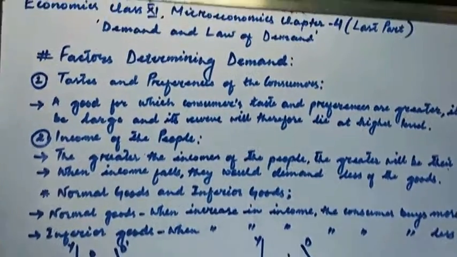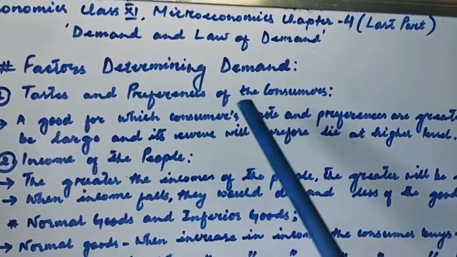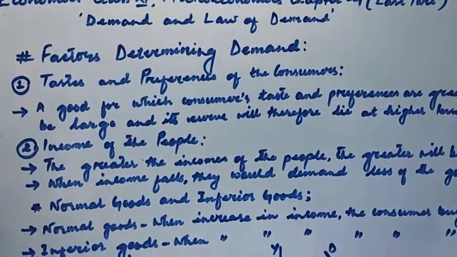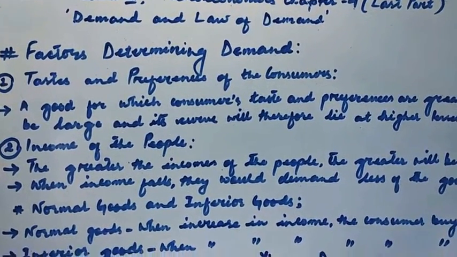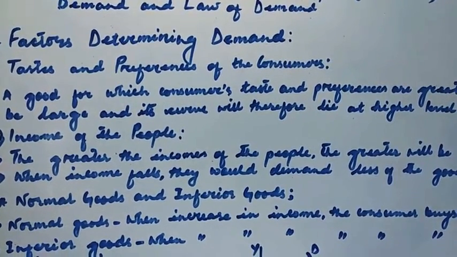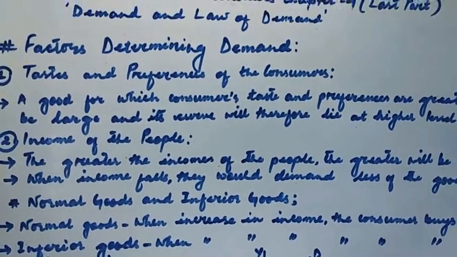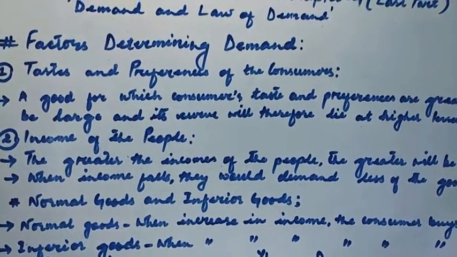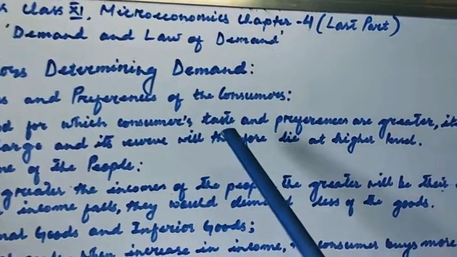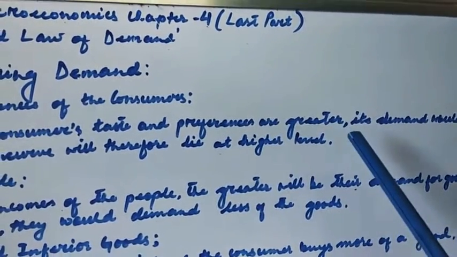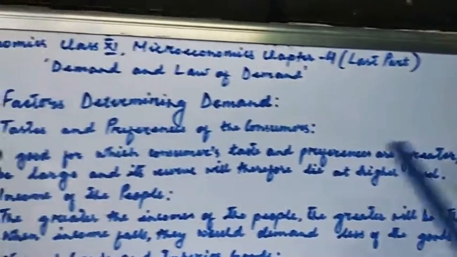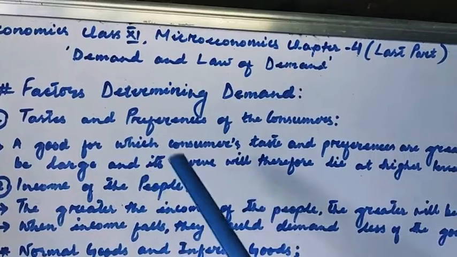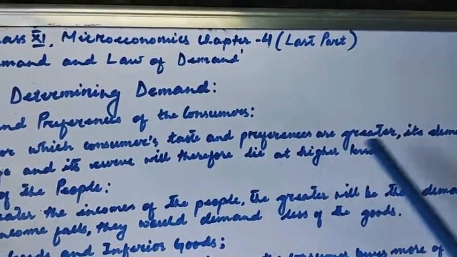Number one, we have the taste and preference of the consumers. An important factor which determines demand for a good is the taste and preference of the consumers for that good. A good for which consumer taste and preference are greater, its demand would be large and its curve will therefore lie at a higher level.